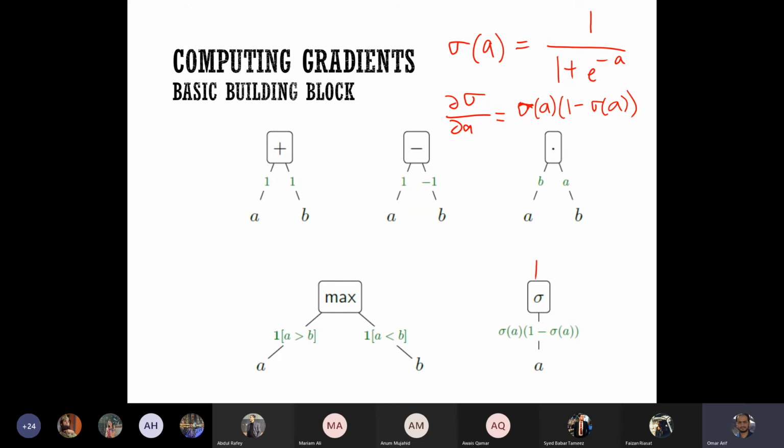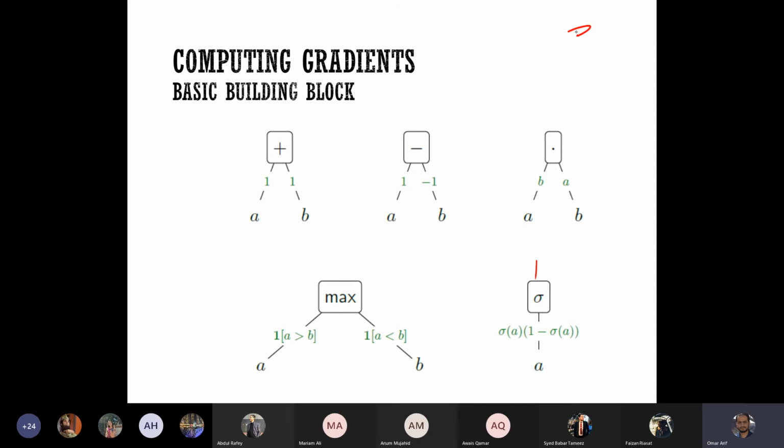Okay, so far so good. So far we have only looked at simple examples, functions and not composite functions.